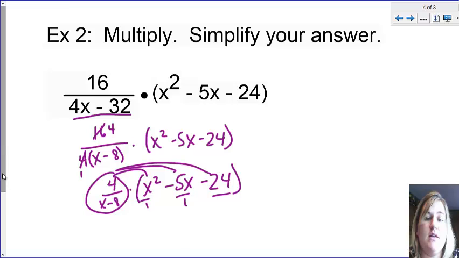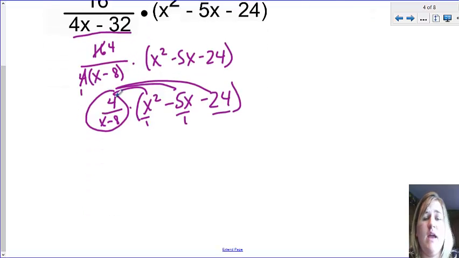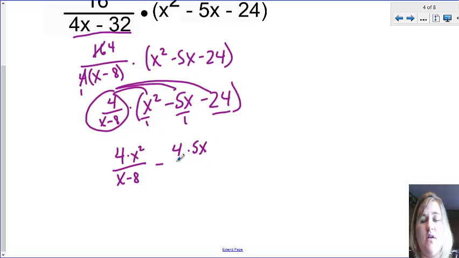So when I do that, I'm going to have 4 times x squared on top over this times 1, which is just going to be that denominator, minus 4 times 5x over my denominator of x minus 8, minus 4 times 24 over 1, x minus 8.